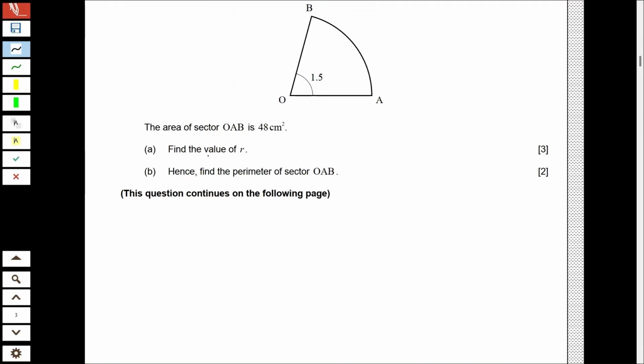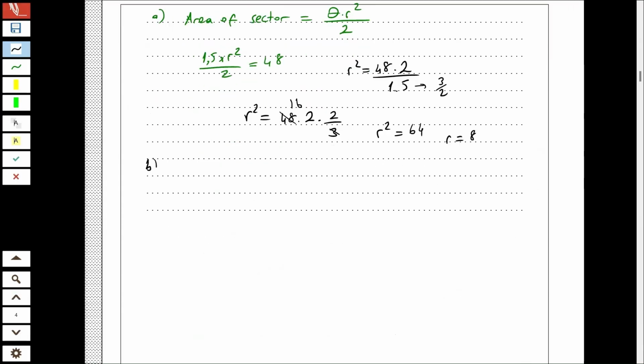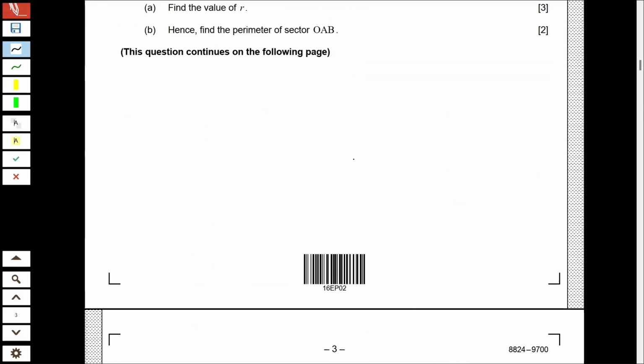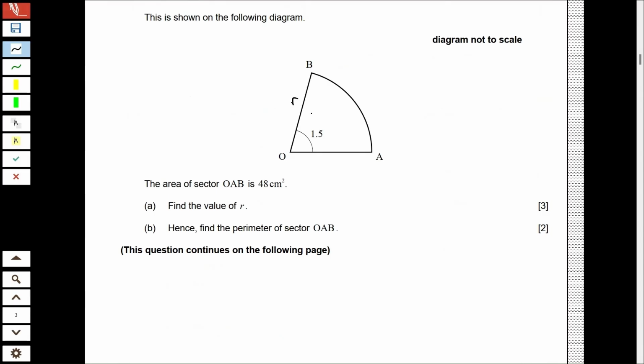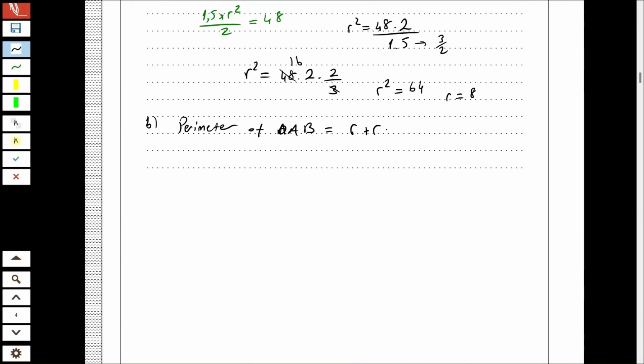Part B: hence find the perimeter of sector OAB. The perimeter of OAB is 2R plus the length of arc AB.